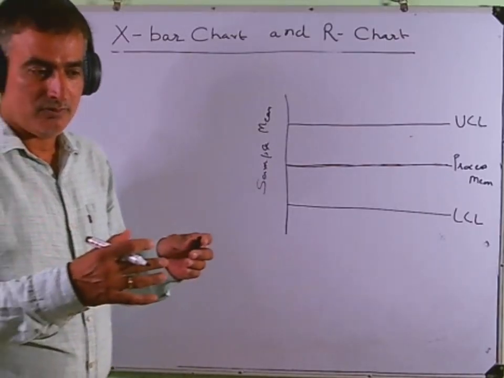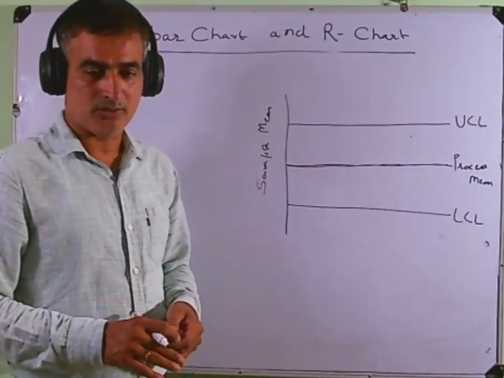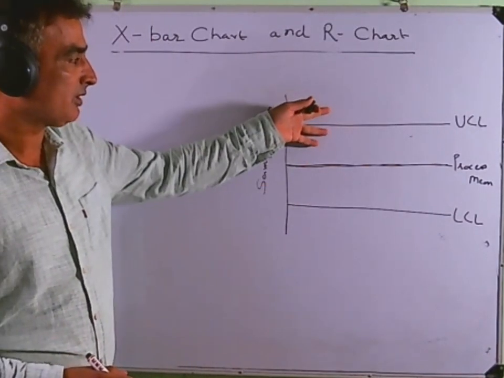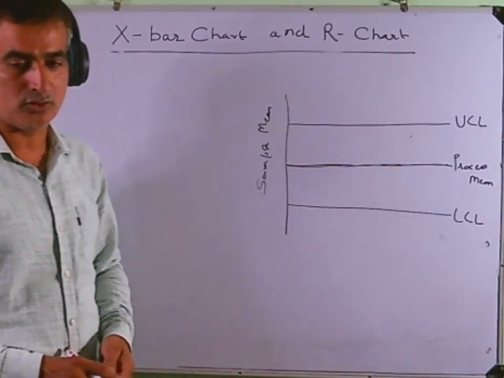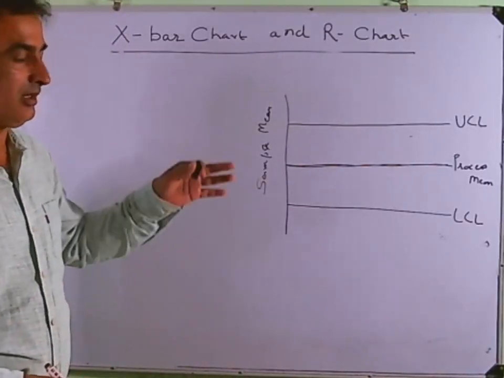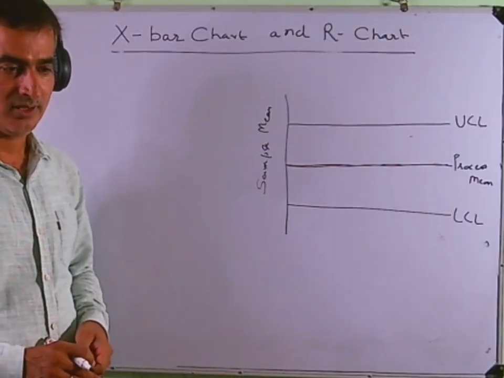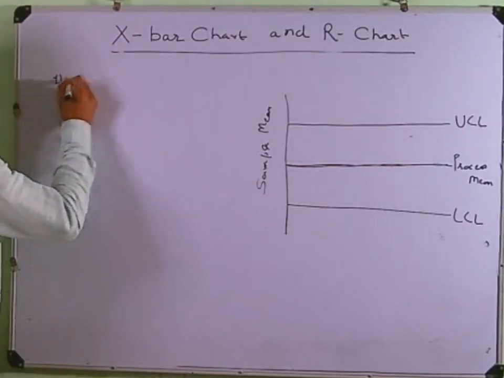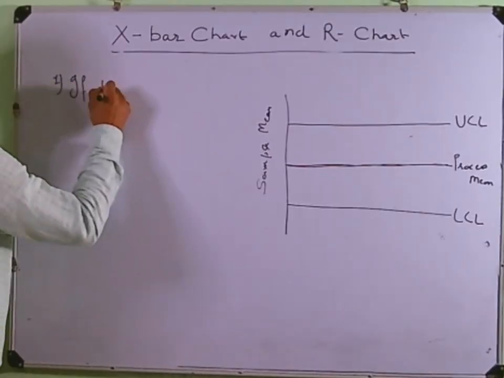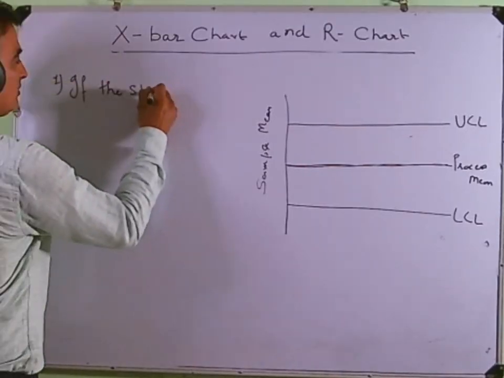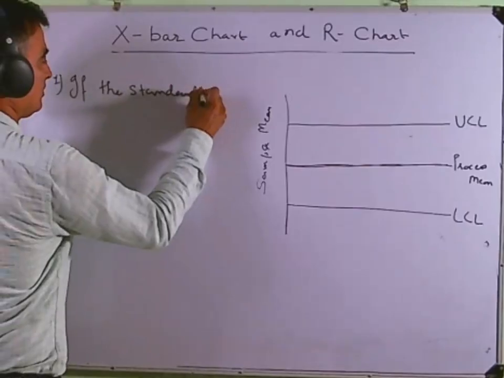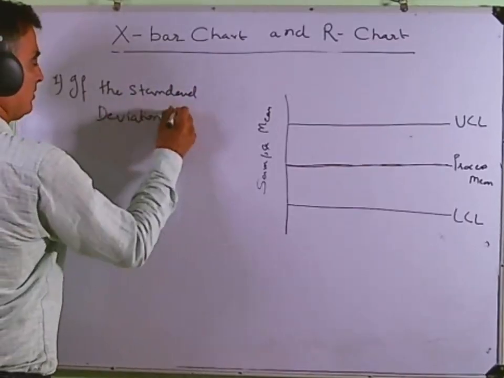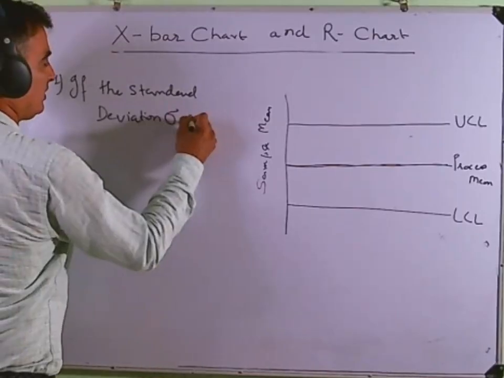And there are two ways to find the standard deviation to calculate the upper control limit and the lower control limit for this X bar chart. One method is if the standard deviation is known.